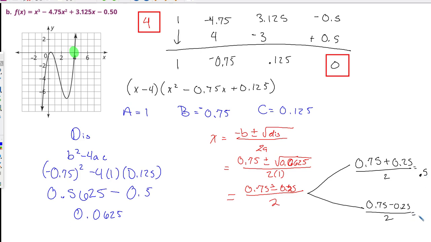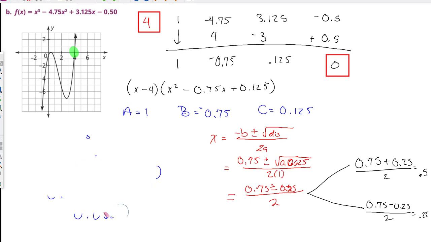And that's 50 hundredths divided by 2, which is 0.25. So my zeros of this function, I'm just going to go ahead and write it over here, are at x equals 4, at 5 tenths, and also at 25 hundredths.